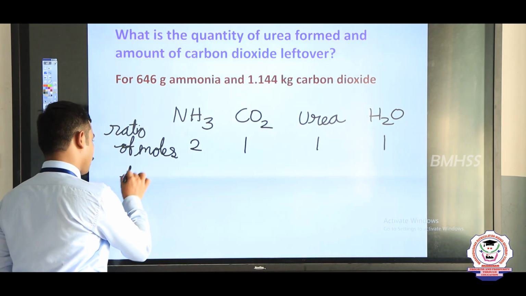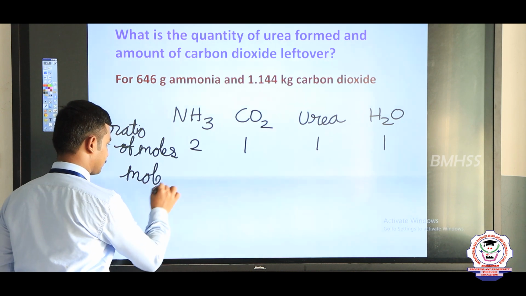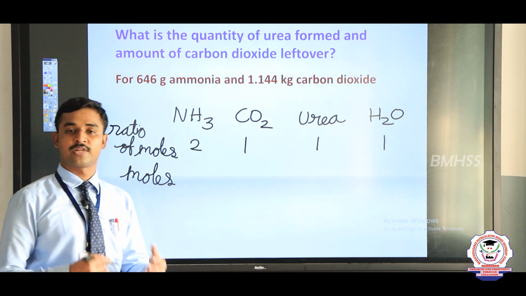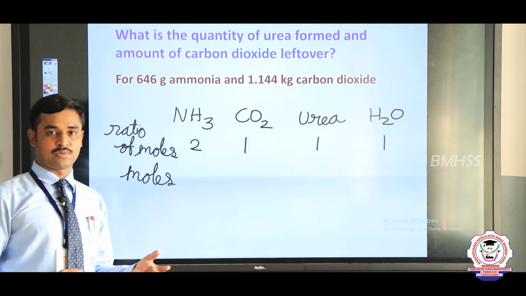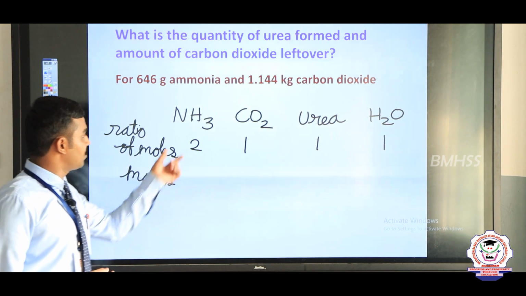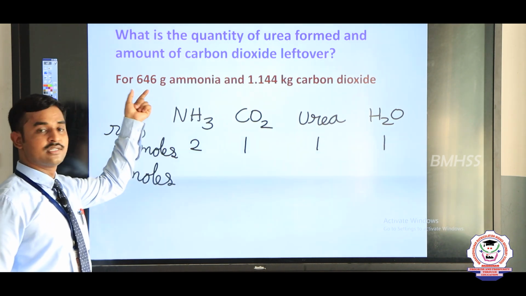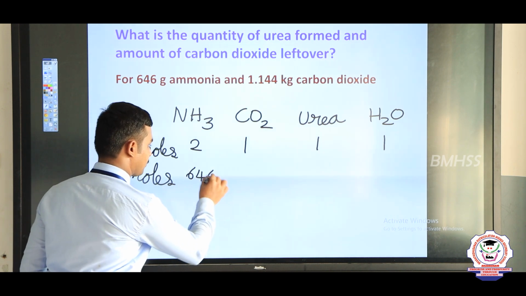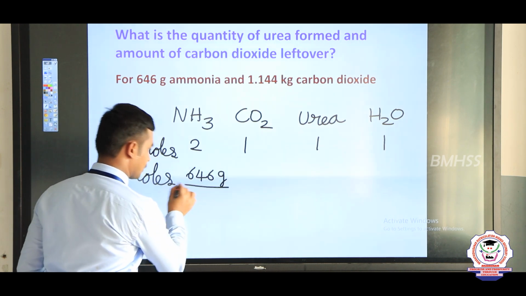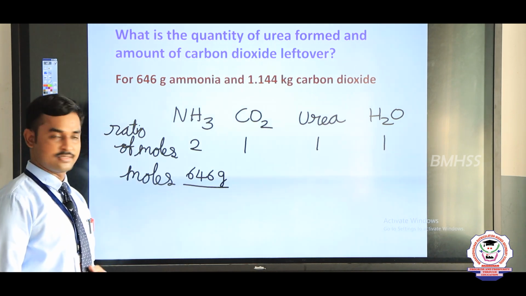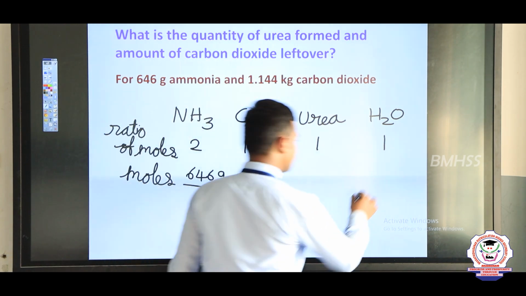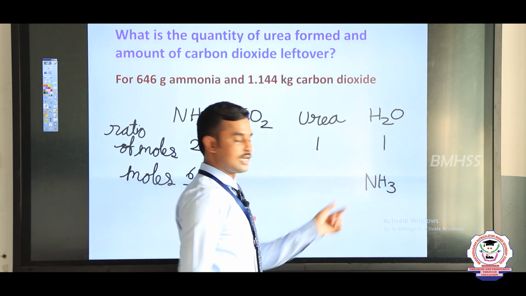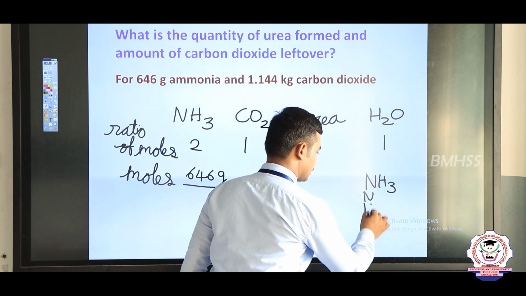First one, what is the moles of this reactant? Students, you know that for finding the moles, our required formula is dividing the given mass by the molar mass. The given mass for ammonia is 646 grams. And what is the molar mass of ammonia? Ammonia contains nitrogen and hydrogen.